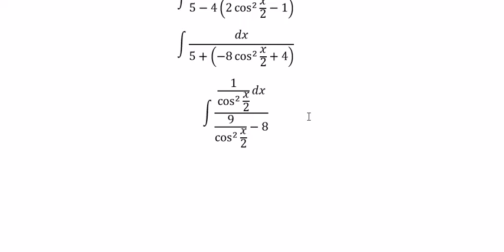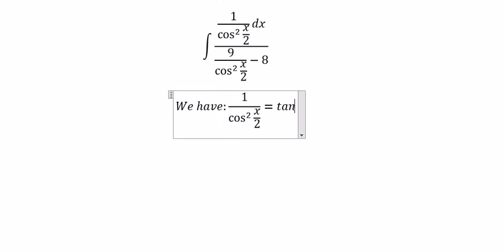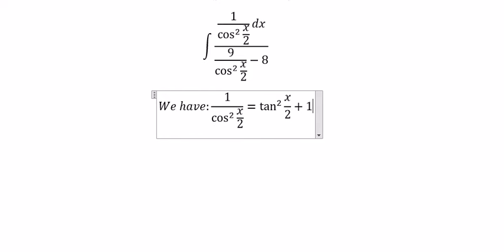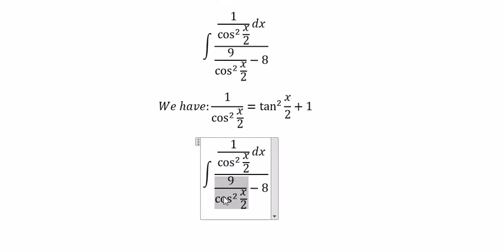Next, we have one over cosine x over 2 square equal to tan x over 2 square plus 1. So we put this one in here.